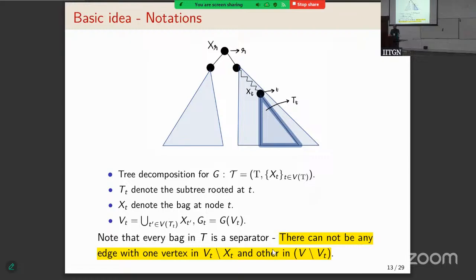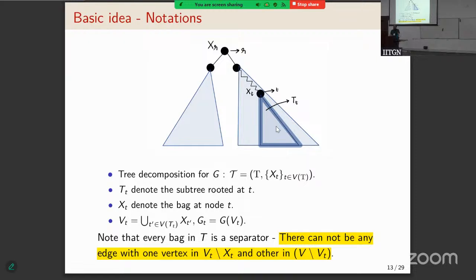Now, given the tree decomposition, the bag X_t constitutes the separator. Another way of saying this is that there cannot be any edge from this part to the rest of the graph.